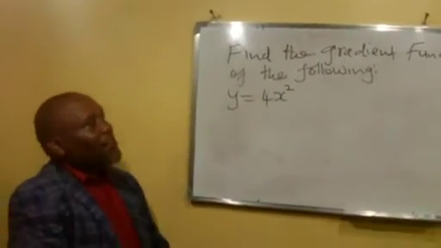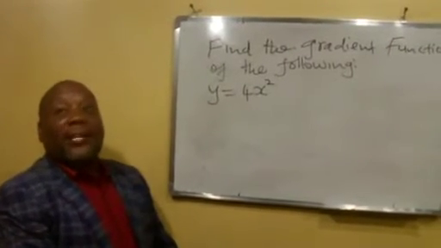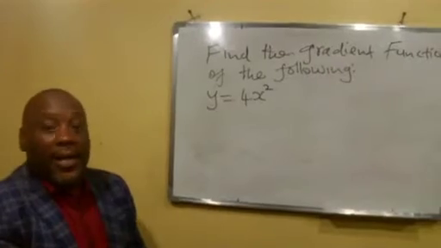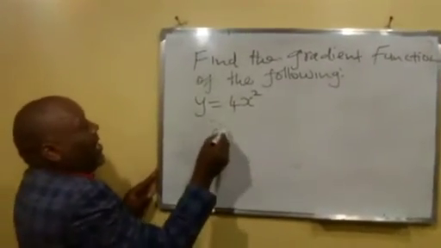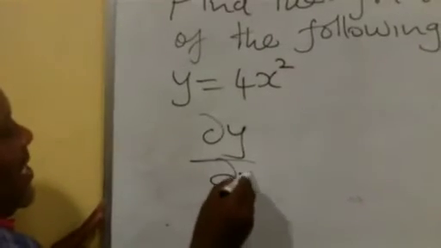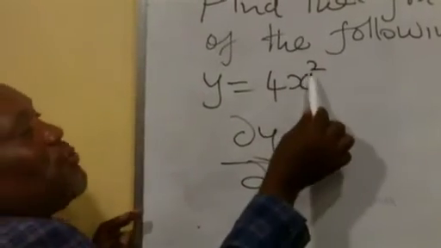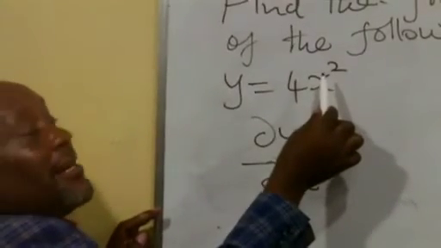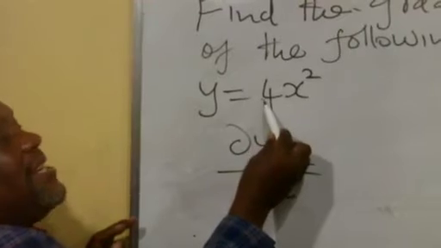Find the gradient function of the following. y equals 4x squared. In this example, we have dy over dx equals, we said we take the superscript there and multiply it with the coefficient that is given here.